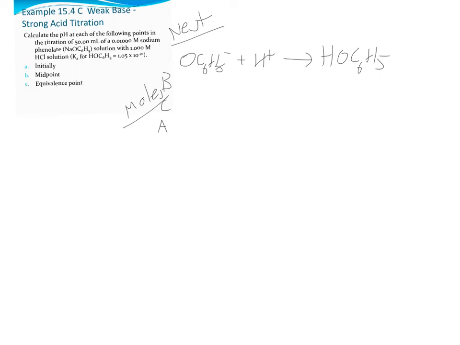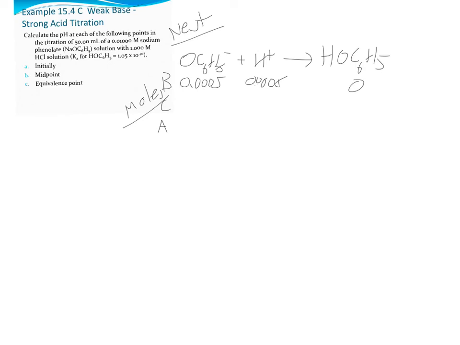So now if we look at the number of moles, we've got 50 milliliters of a 0.01 molar solution. This is a pretty small number of the phenolate, 0.0005 moles. The hydrogen, 0.0005 moles also, because at the equivalence point, those have to be equal.